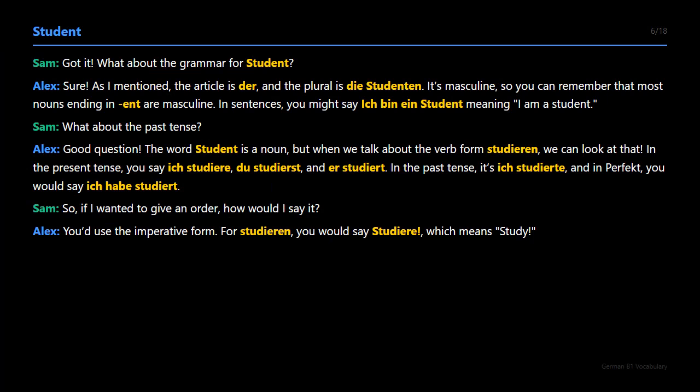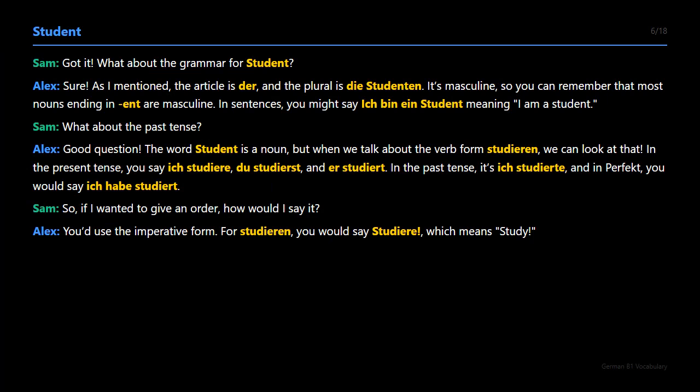What about the past tense? Good question. The word Student is a noun, but when we talk about the verb form, Studieren, we can look at that.